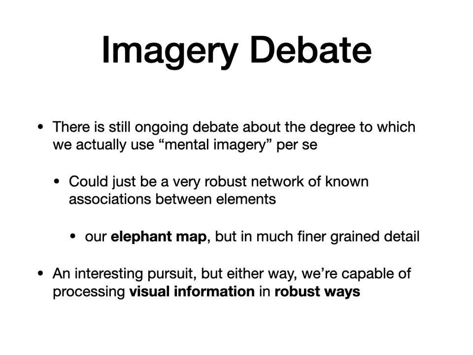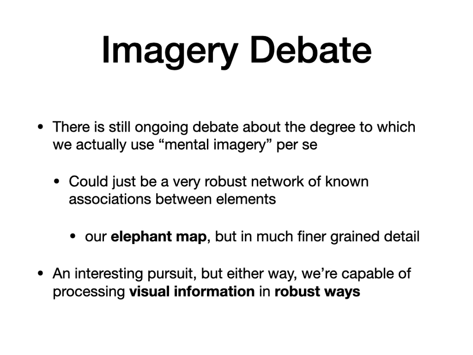Are we actually just symbolically connecting things, and maybe we're solving the rotation task explicitly by way of some sort of mapping? We're saying, oh, here are the components of each of these shapes and all that. But that could be like the elephant map, but in much finer detail, and we're doing some kind of just symbolic processing to solve this stuff.